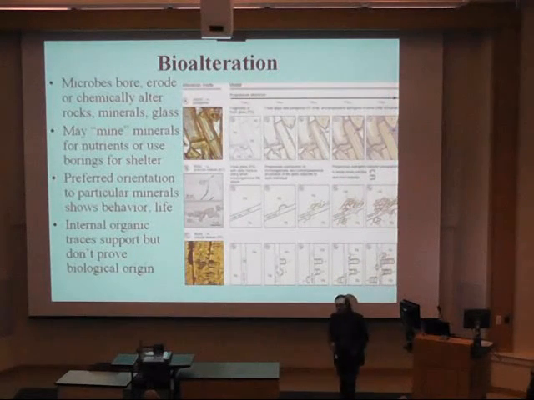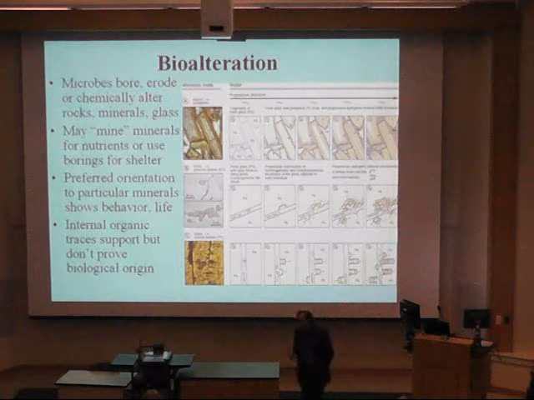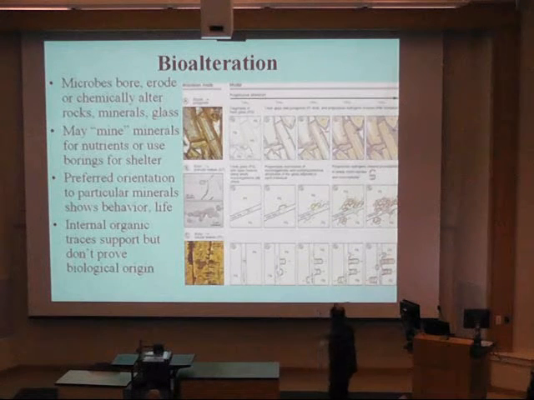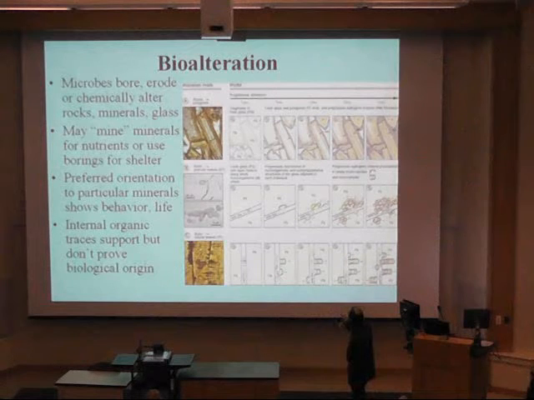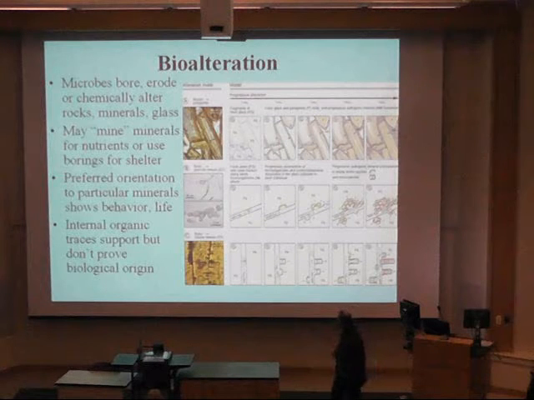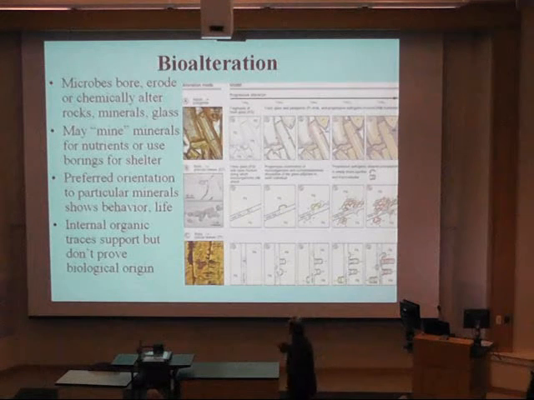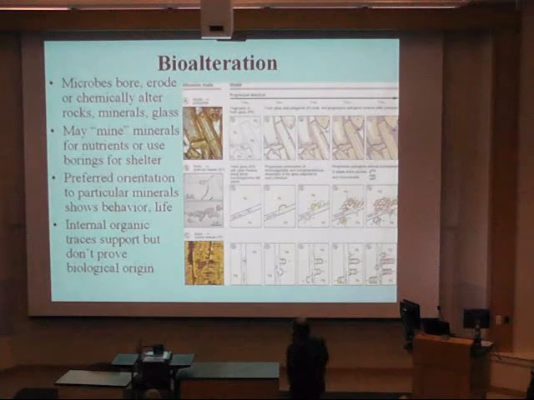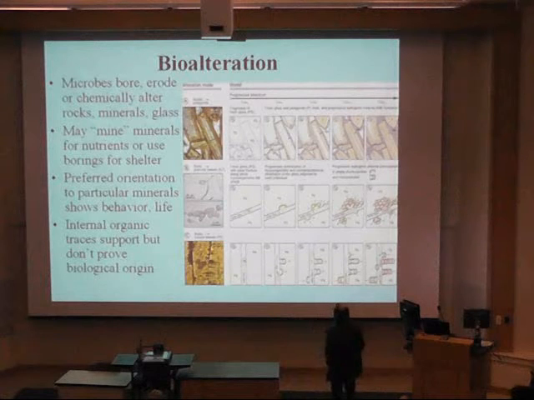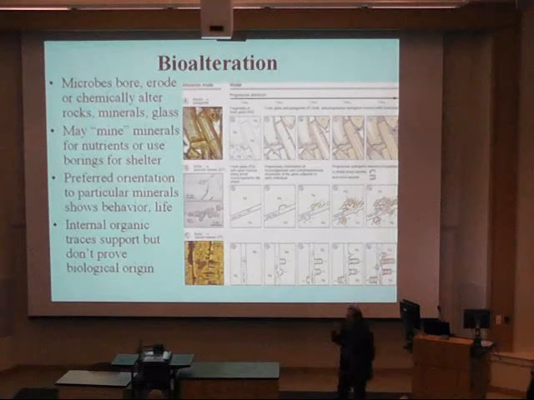And then lastly, the opposite of biomineralization: the biological destruction of minerals. Microbes can alter and erode little pits and tubules in basaltic glass, leaving a characteristic texture of these little feathery sorts of drill holes in glass.